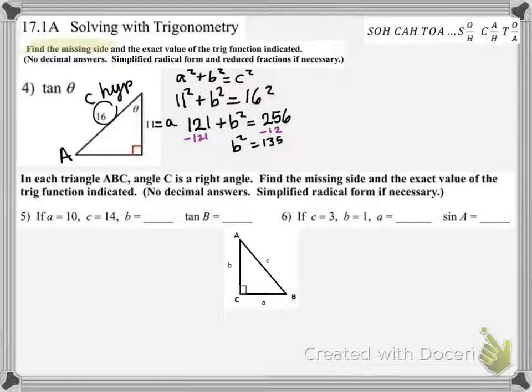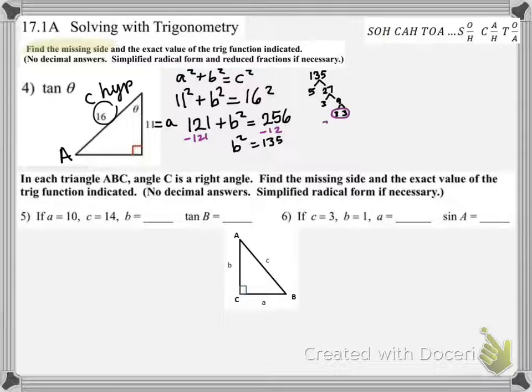So I'm going to come over to the side. I'm going to say 135 ends in a 5, so I know 5 goes into it. 5 goes into there 27 times, and 3 goes into 27 9 times, and 9 becomes 3 and 3. Remember that we're looking for matching pairs.